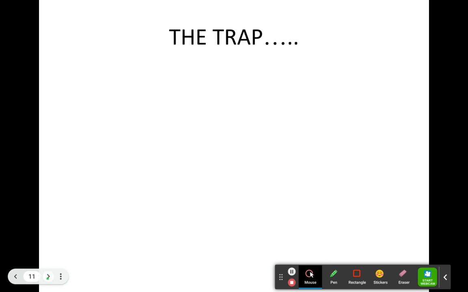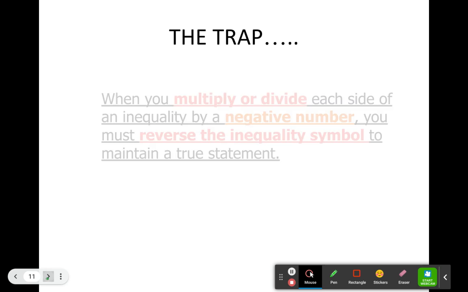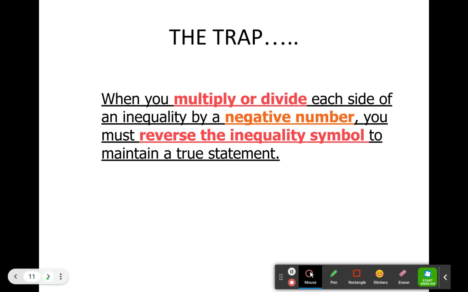But remember, there's a trap. When you multiply or divide each side of an inequality by a negative number, only multiplication and division, you must reverse the inequality symbol to maintain a true statement.